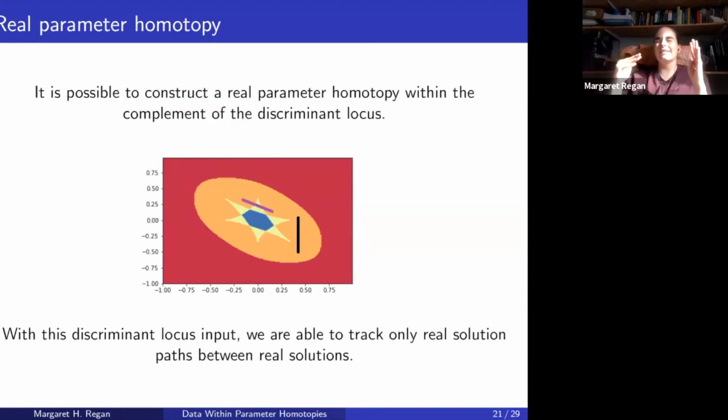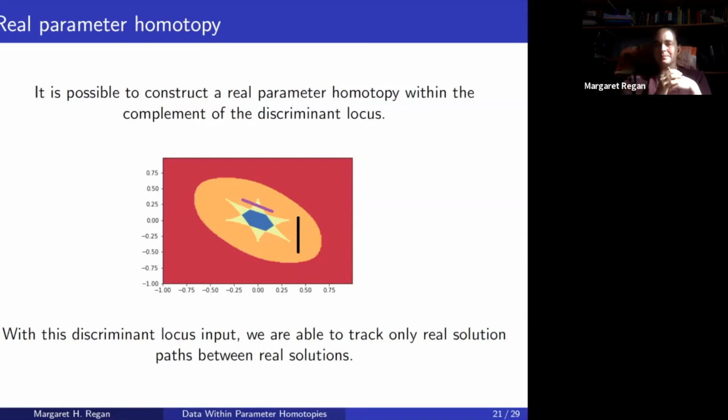Because the solutions that become complex over this first boundary on the right might not be the same solutions that come out of this boundary. So you're not necessarily going to get the solutions you'd like to get.